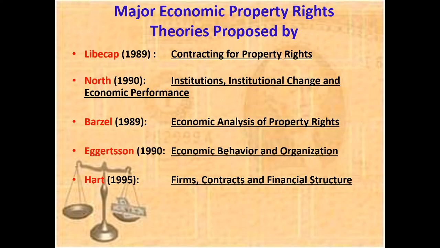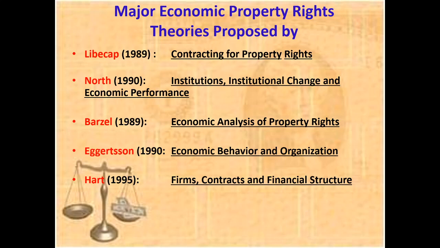And then there are other people who also tried to conceptualize property right in their own way. For example, if you look into Gary Libecap's 1989 book, Contracting for Property Rights, you will have a very different view of property as a contract. Then if you look into North's 1990 book, Institutions, Institutional Change and Economic Performance, things are not going to be very different.